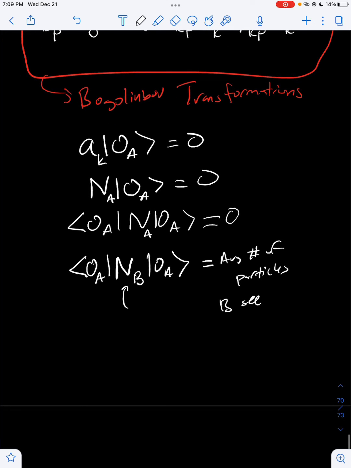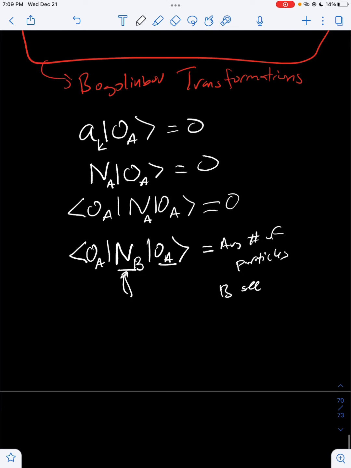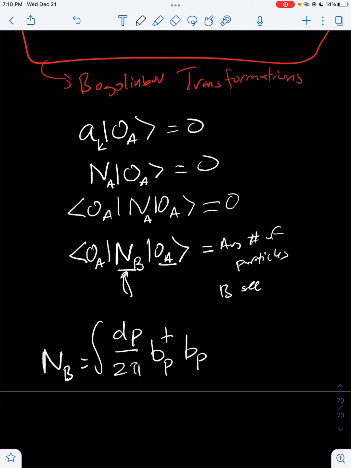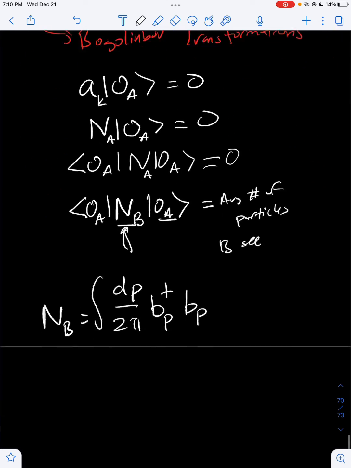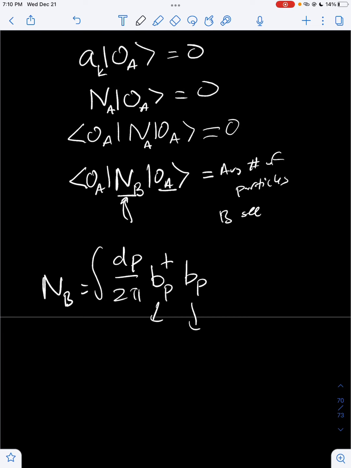We want to write out the number operator in terms of A's operators, because we are comparing two different things with different bases. So you have to write them in the same basis. So the number operator, if we can recall, is just the integral over p over 2 pi of b conjugate p times b_p. Now we already have a relation that relates b conjugate and b with the old creation and annihilation operators. So we can just plug those values in for b_p.